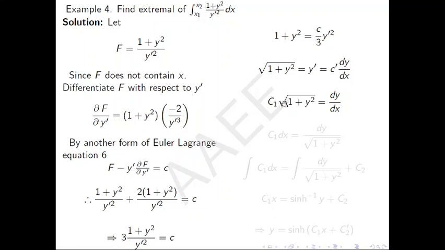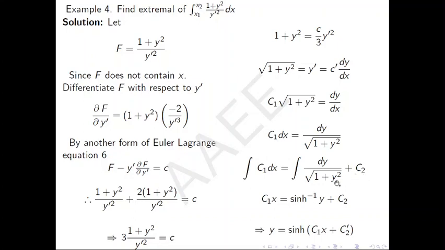Then this term I'll take divided by dy and c1 into dx, integrating on both sides. The integral of c1 dx is equal to the integral of dy upon the square root of 1 plus y square, plus c2.